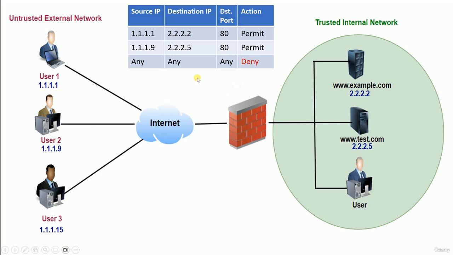So in that case, when user 1 tries to connect to this application, it would get denied. All right. Similarly, when this user, who has 1.1.1.9, tries to connect to the destination which has the IP 2.2.2.2, it would get denied because he is allowed to connect only to 2.2.2.5. All right, so this is how a legacy network firewall works.